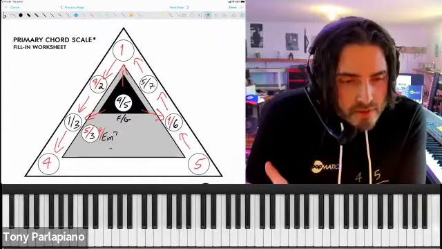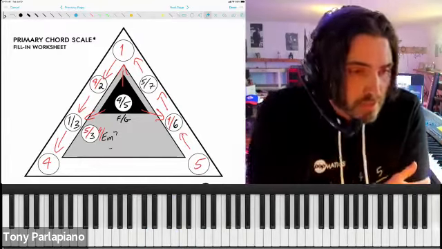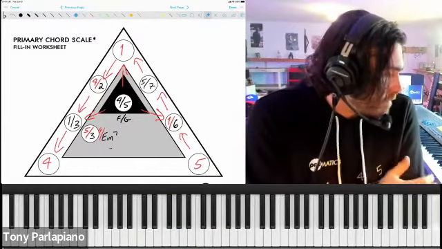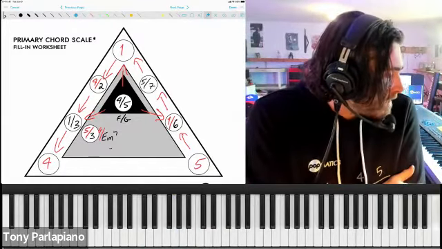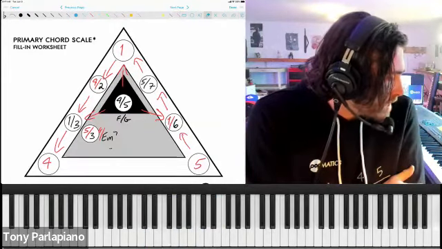I think Clinton threw me a question, which I get asked quite a bit. What about your minor keys? It's a great question. I tend to think a little differently about modes and minor keys.